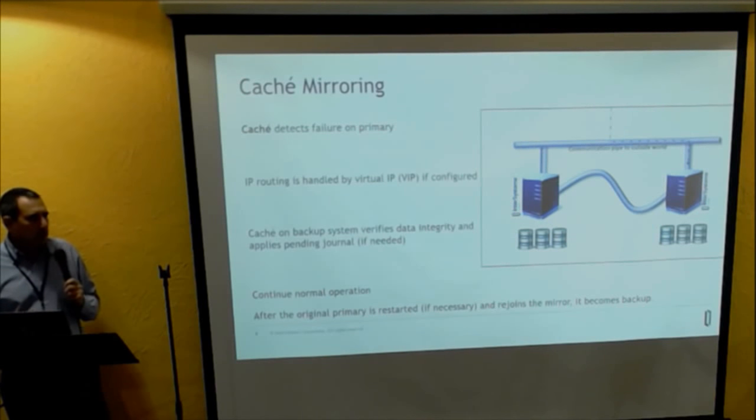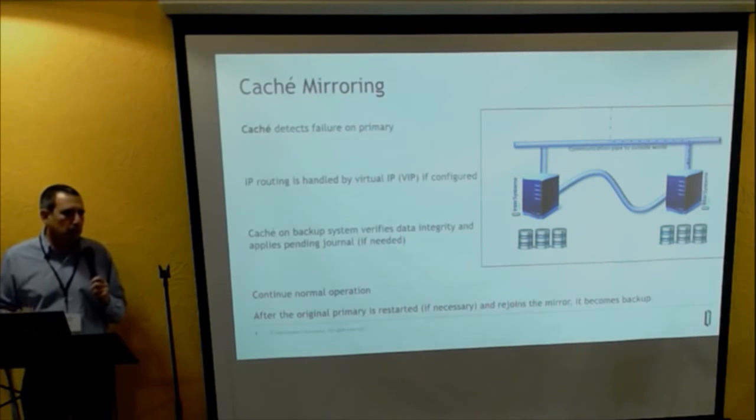So whenever you install our cache mirroring or database mirroring, the way to look at it is two servers without any shared infrastructure between them. It doesn't require any shared storage or anything like that. But you have to assume that each and every one of them can handle the load as the primary. So from our perspective, they are interchangeable.